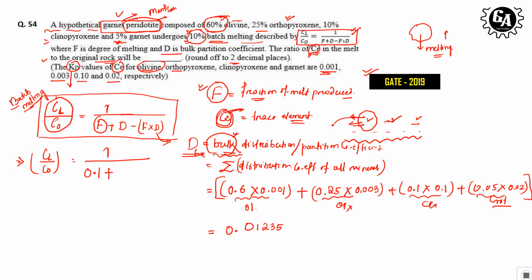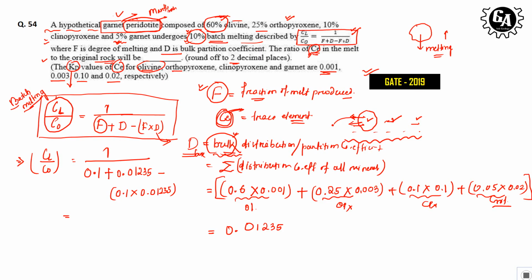It is 0.01235, minus F, the fraction of melt produced, 0.1, times the D value 0.01235. If you simply calculate these things, the answer is going to be 8.99. Let's calculate, no problem.